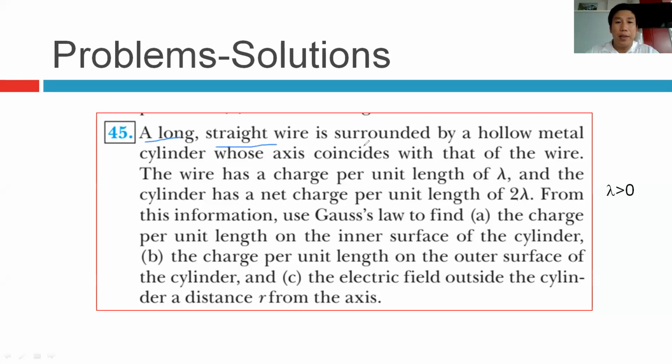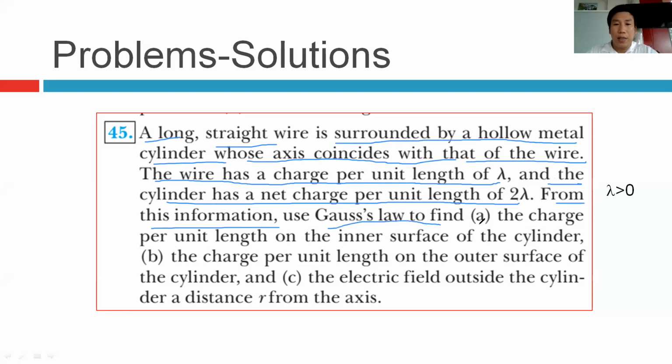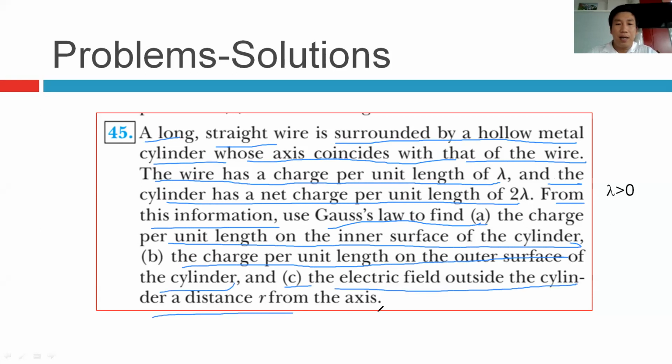A long straight wire is surrounded by a hollow metal cylinder whose axis coincides with that of the wire. The wire has a charge per unit length of lambda and the cylinder has a charge per unit length of 2 lambda. From this information, find: A, the charge per unit length on the inner surface of the cylinder; B, the charge per unit length on the outer surface of the cylinder; and C, the electric field outside the cylinder.